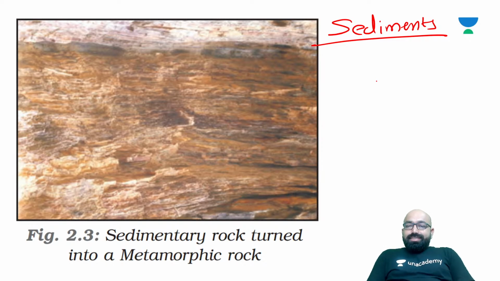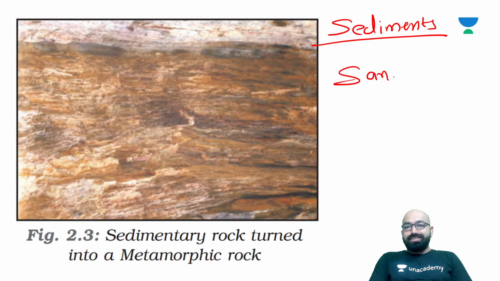These sediments are transported and deposited by wind and water. These loose sediments are compressed and hardened to form layers of rock. These types of rocks are called sedimentary rocks.